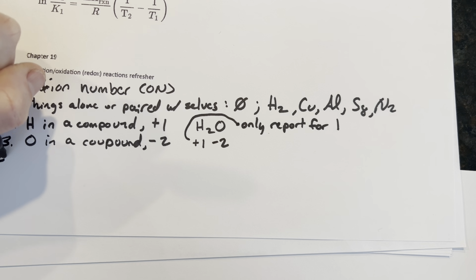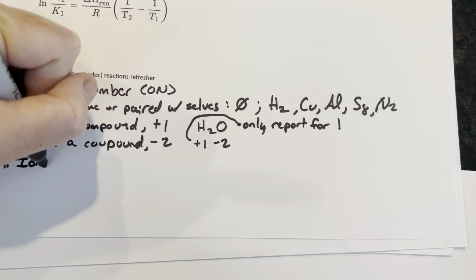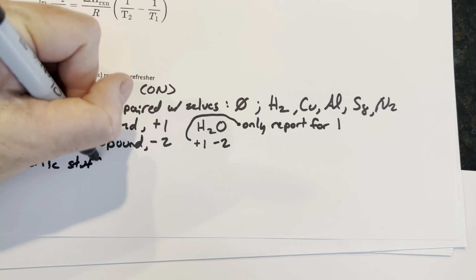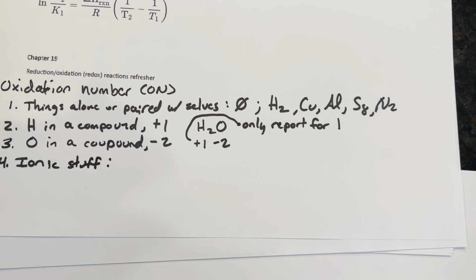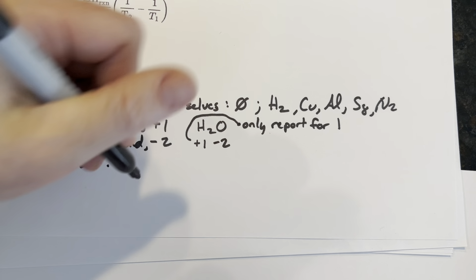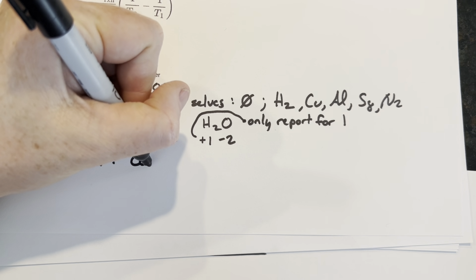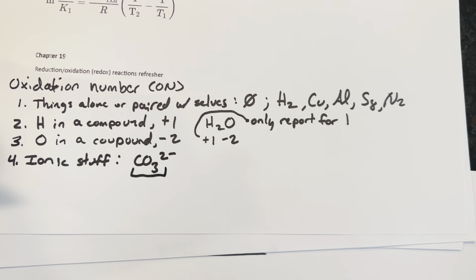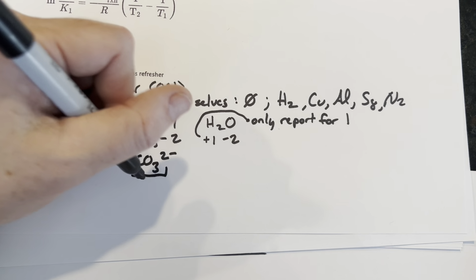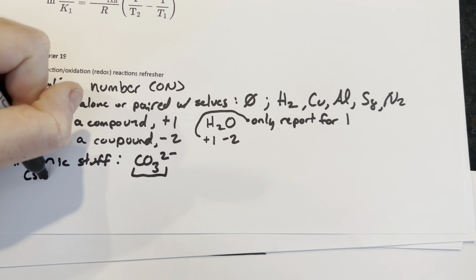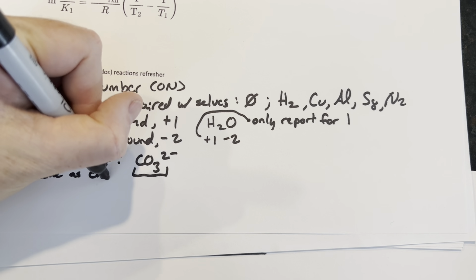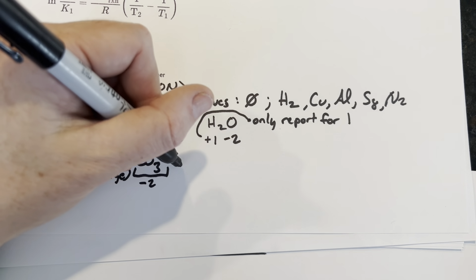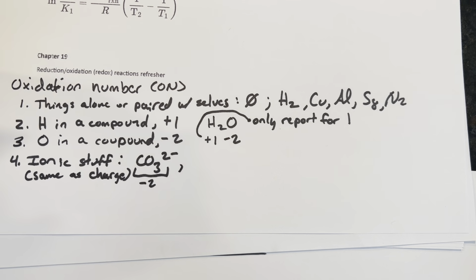All right, number 4 is ions. I'm going to do ionic stuff. These are the things that make up ionic compounds. For example, if you have carbonate, its overall oxidation number is going to be its charge, which is -2, because the charge was 2 negative.